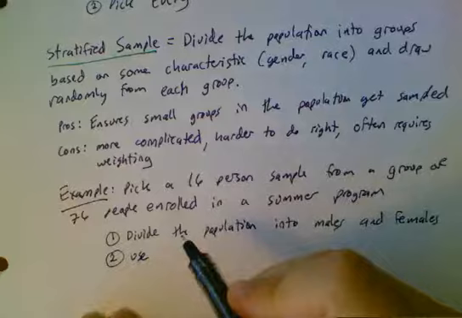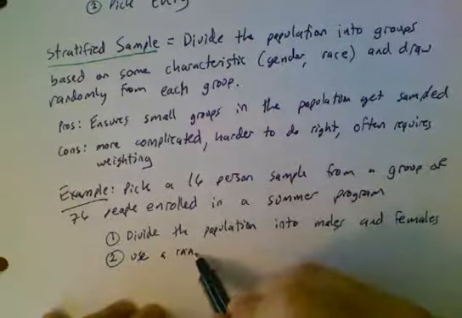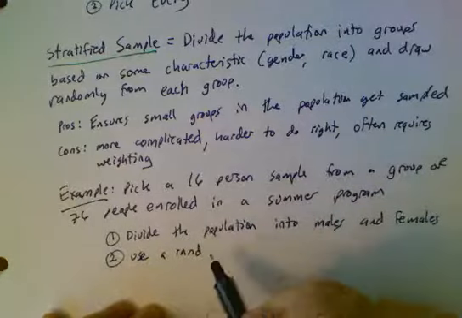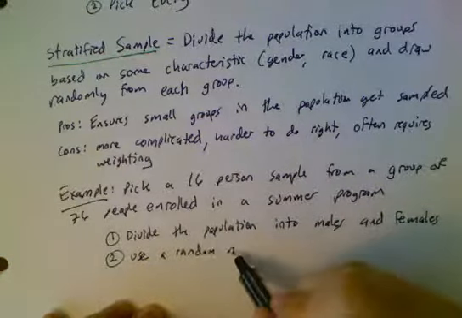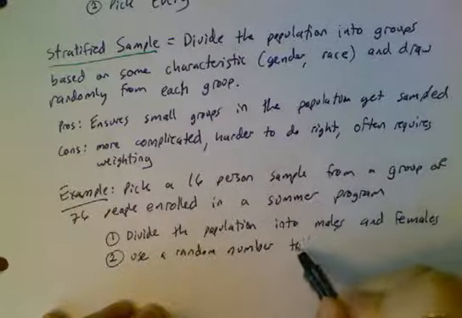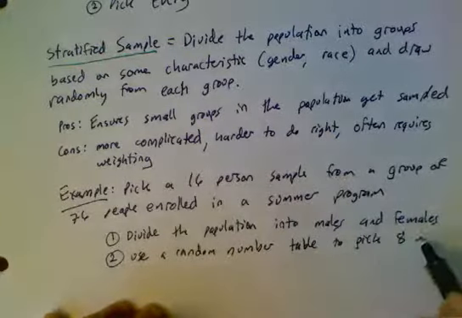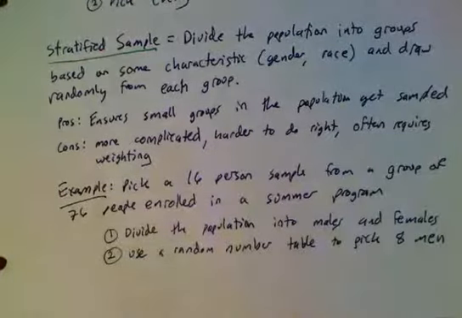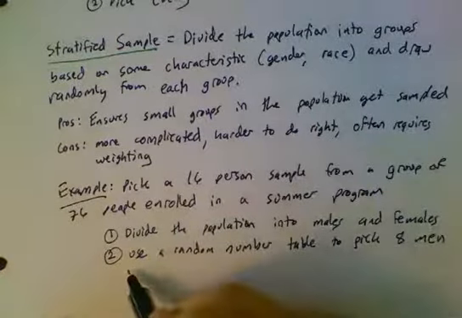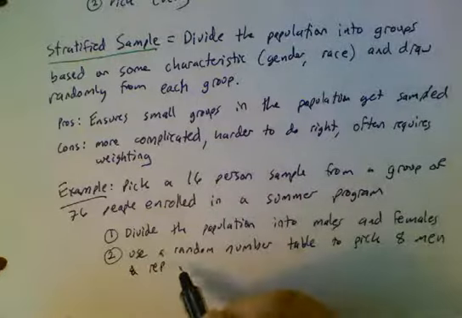And then we would use a random number table, just like we did in the previous lecture on simple random sampling. And we would specifically just look at the men, for starters. So we would assign every male a number and use a random number table to pick 8 men. And repeat the procedure to pick 8 women.